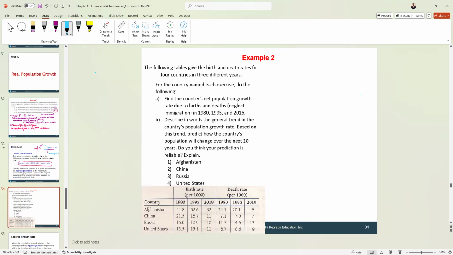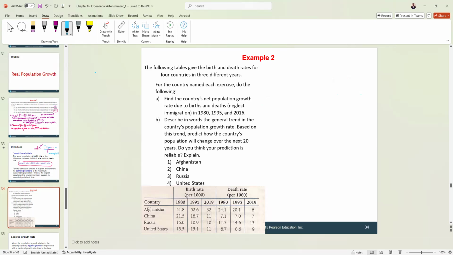So we have birth rates on the left and death rates on the right for Afghanistan, China, Russia, and the United States of America. So you see, the death per thousand number in America in 2019 is 9. So it's like second largest after Russia.